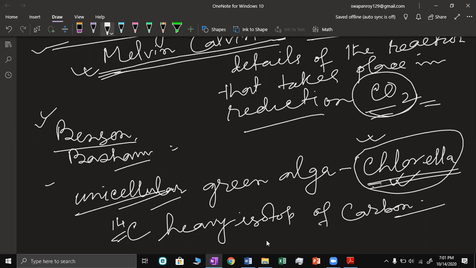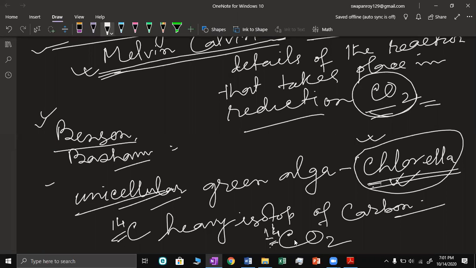He used carbon dioxide that contained a heavy isotope of carbon, carbon 14. Normal carbon is carbon 12, and this one is heavy, so it is carbon 14.